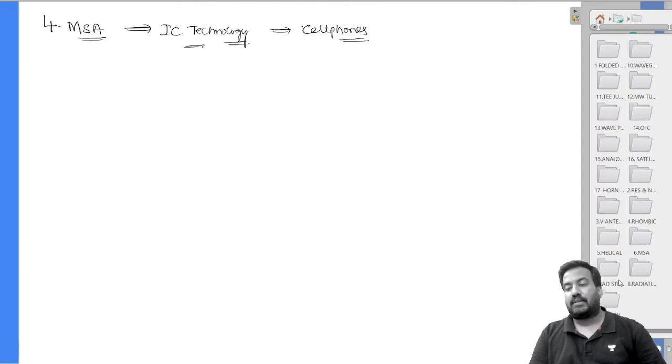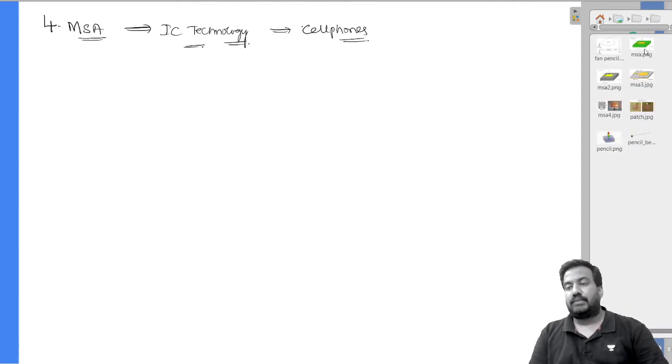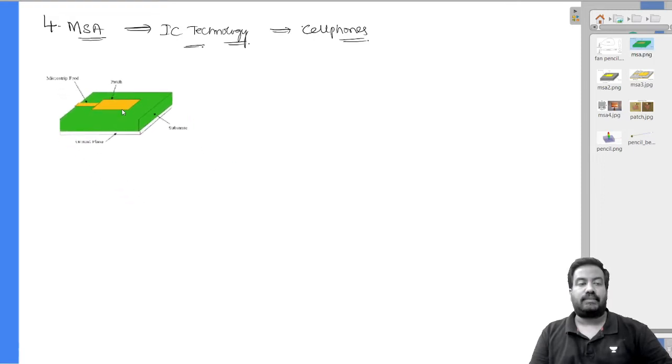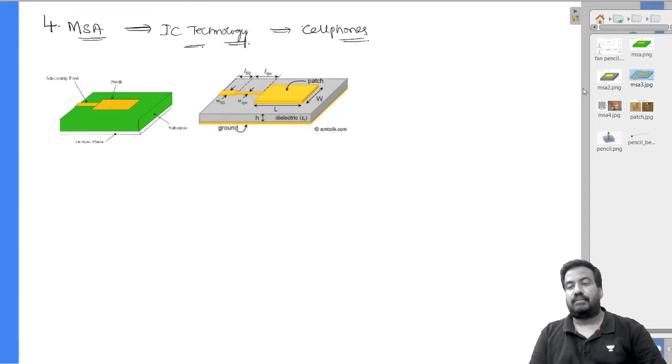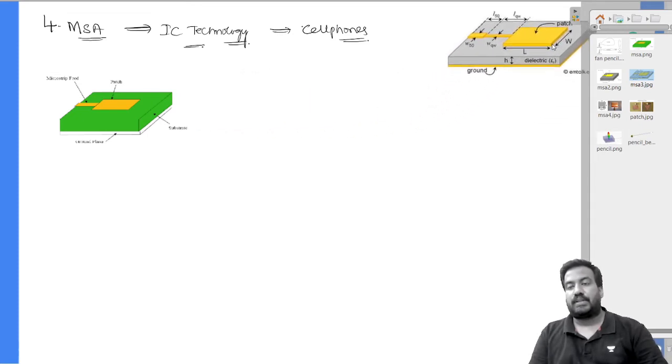Microstrip array antennas look like this. This is the design of a microstrip array antenna. This is the patch, this is a microstrip feeder, this is a ground plane, and this is a substrate. Similar picture here.